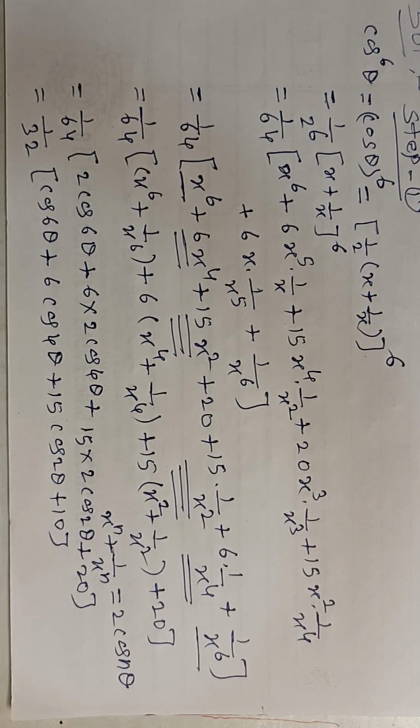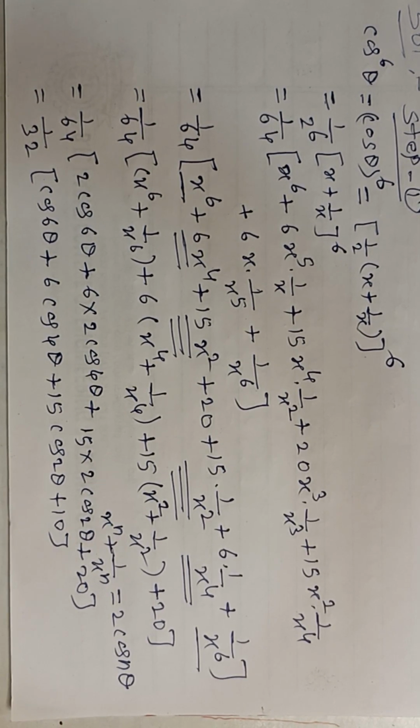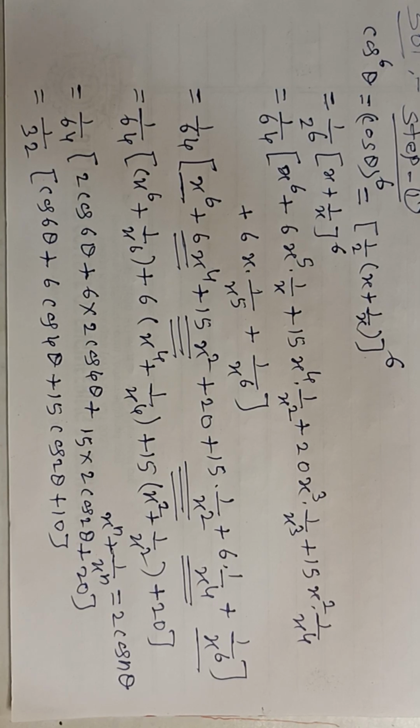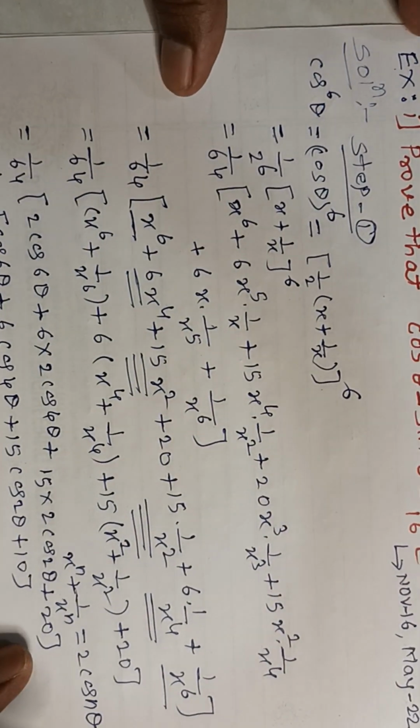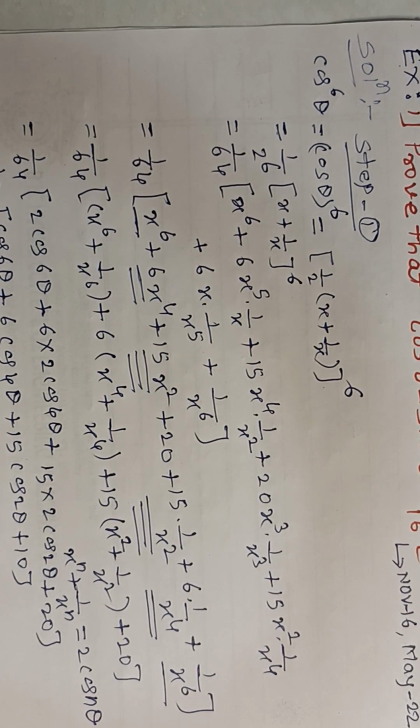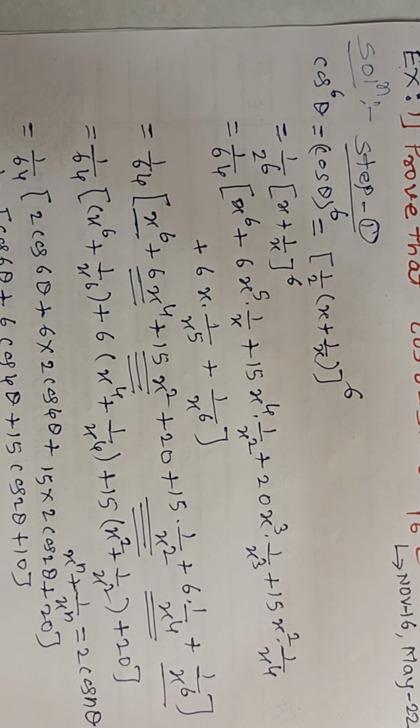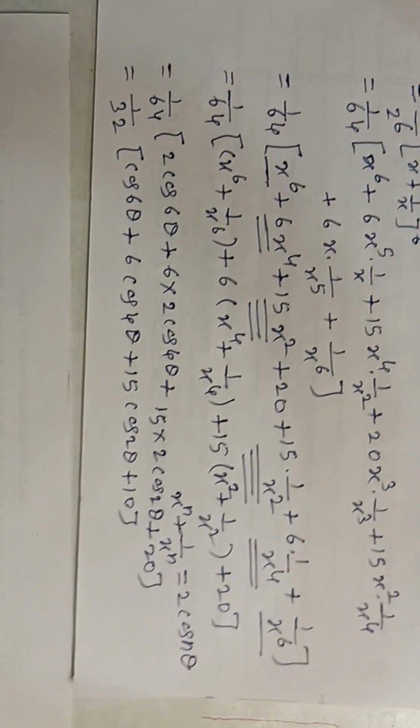Let us find, in step number 2, we have to find out the 6th power of sin theta, similar to this. Okay, let us find the 6th power of sin theta. Step 2.